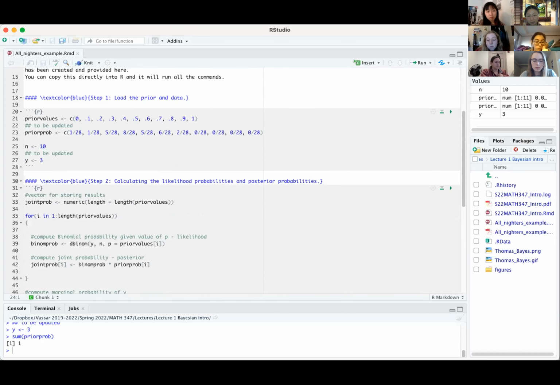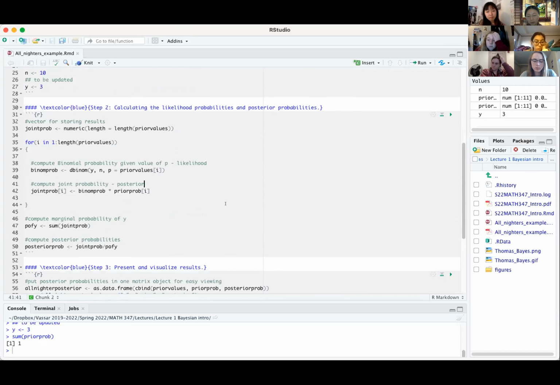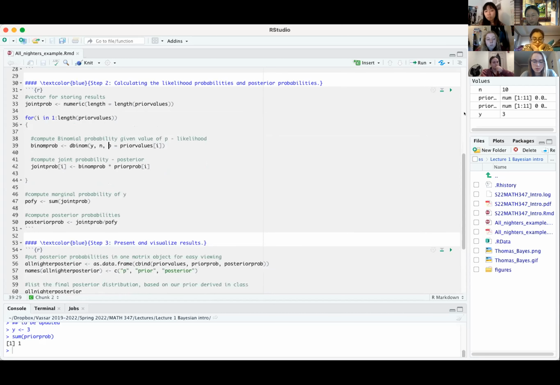And then we also have this particular prior distribution, that is, the prior probability. I won't go into the detail, but you're more than welcome to check out the code itself. The general idea is that we get the binomial likelihood, we multiply it with the prior probability that we have for each of the values, and we sum them up. That's the Bayes rule. If you remember the process, in the denominator, we're summing up all of the joint probabilities. And then in the end, we take the ratio of the joint over the marginal, and we can come up with the posterior probability.